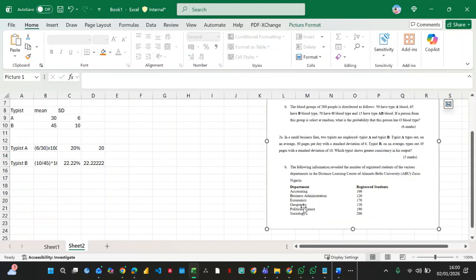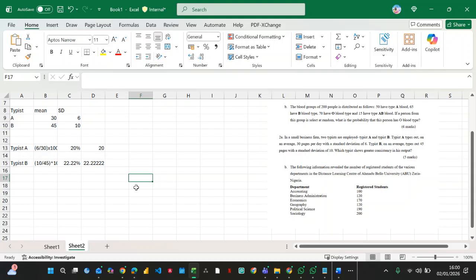The first thing is to find the least squares regression line, y equals a plus bx. So when we have this question here, the first thing we need to do, let's take it like this. We have y, then we have x. Now the x is our year, and the y is our sales.